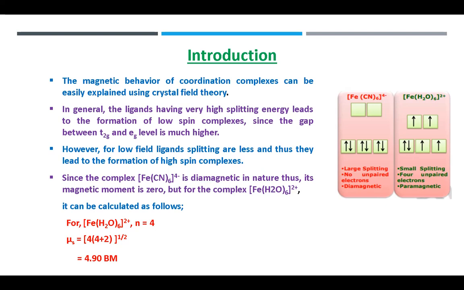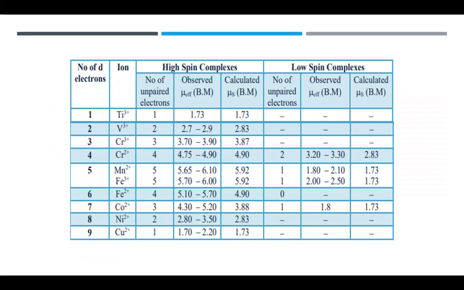So, the hexacyano complex is diamagnetic, whereas the hexa-aqua complex is paramagnetic. The calculated and experimental magnetic moments for complexes of 3d transition metal ions are shown in the table.